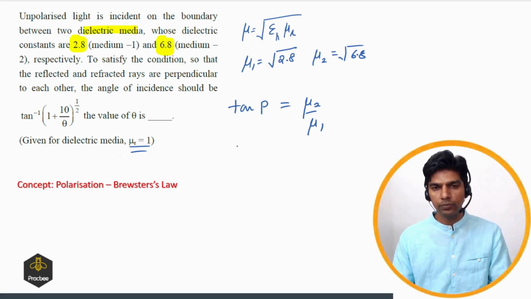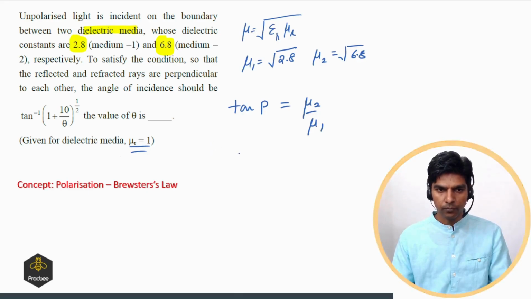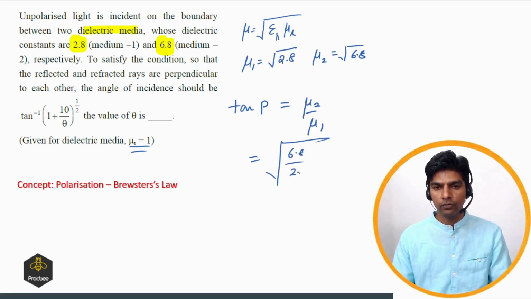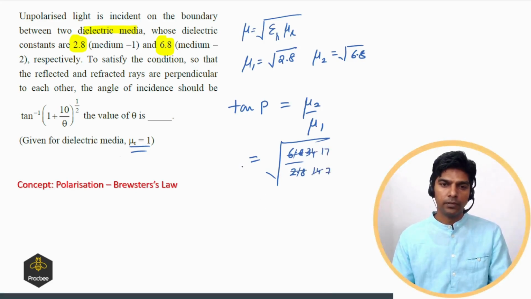So now let us put the values. It will be root of 6.8 divided by 2.8, so this will be 34 by 14 or 17 by 7.